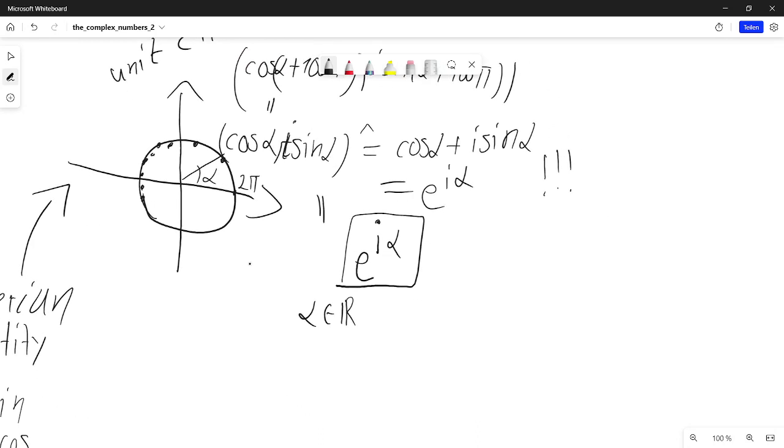Now you see that the radius is 1, right? We know that to be 1, since we have taken the unit circle.